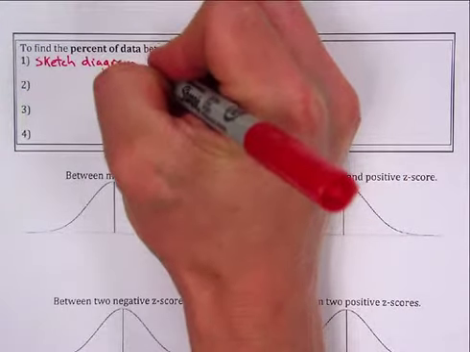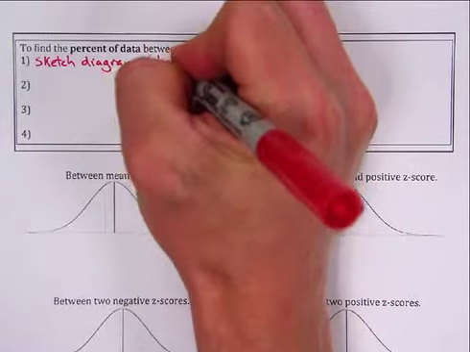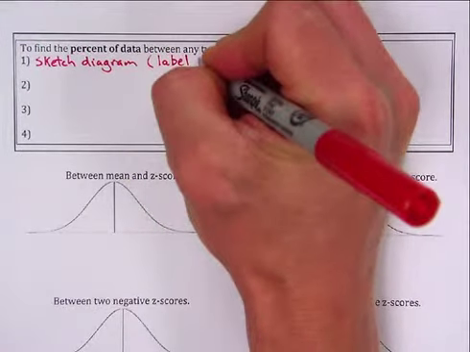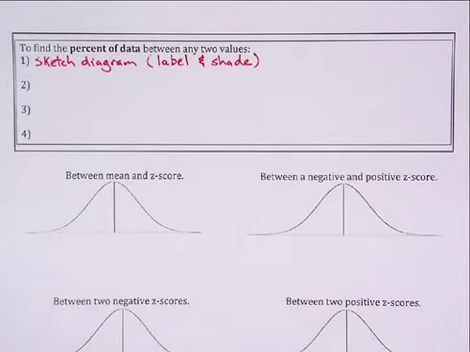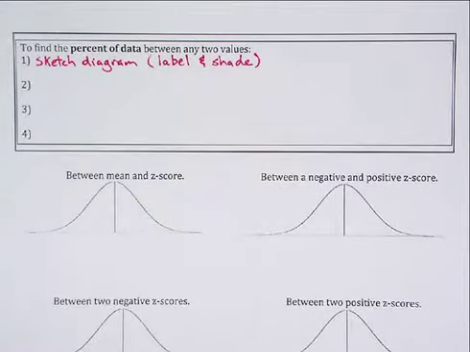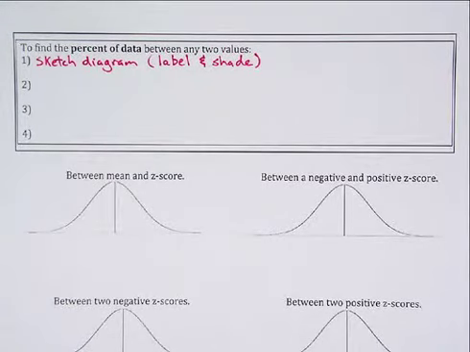And then you also want to make sure that you label everything and shade what you're looking for. That's going to be extremely important whether you use the Z table or your calculator. The sketch is going to help you determine logically what you need to find.